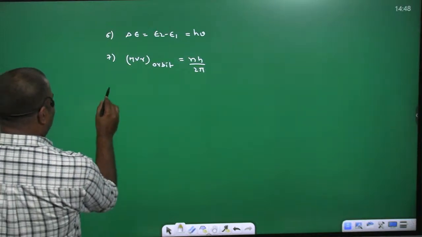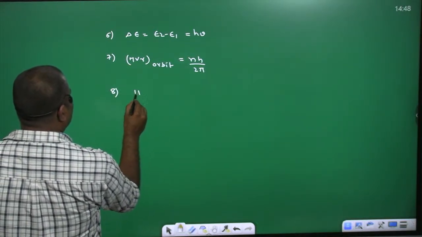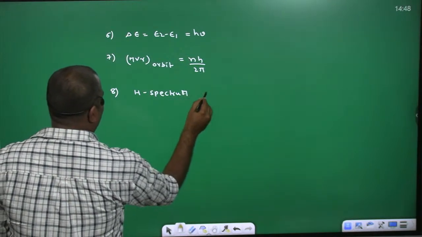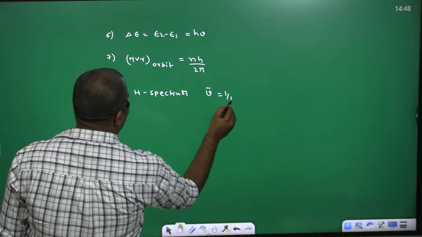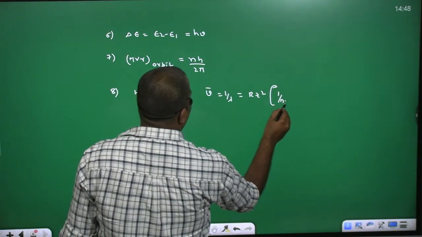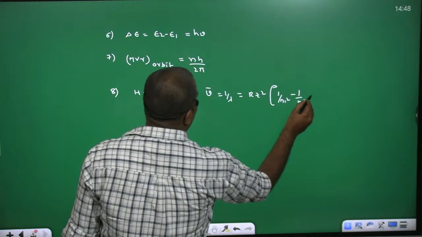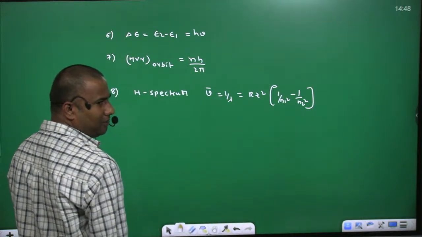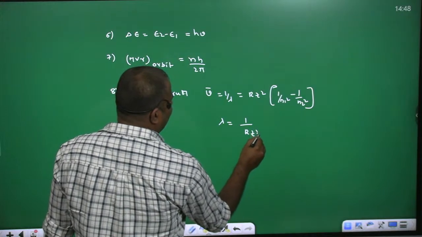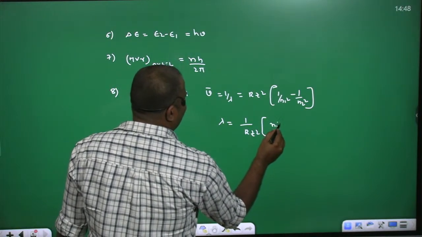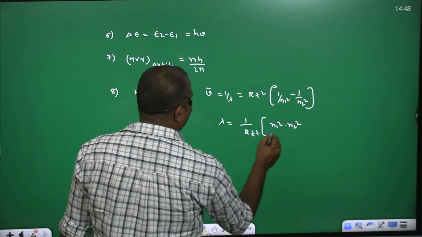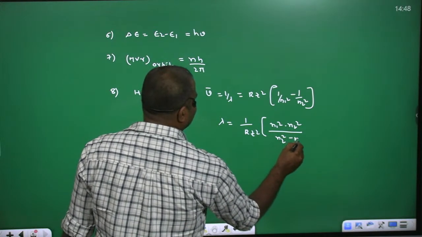For the hydrogen spectrum, how do we write the formula? nu bar equal to 1 by lambda equal to RZ square into 1 by N1 square minus 1 by N2 square. If you need to find lambda directly, you can write 1 by RZ square into N1 square N2 square by N2 square minus N1 square.